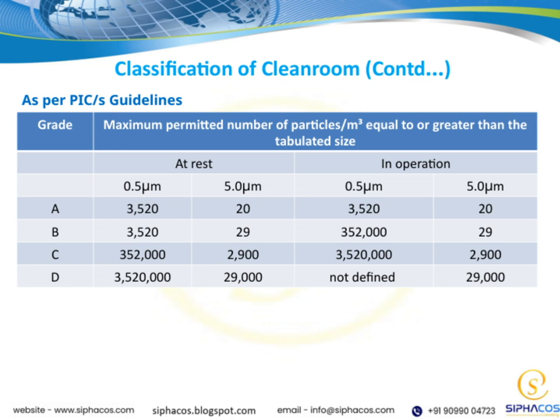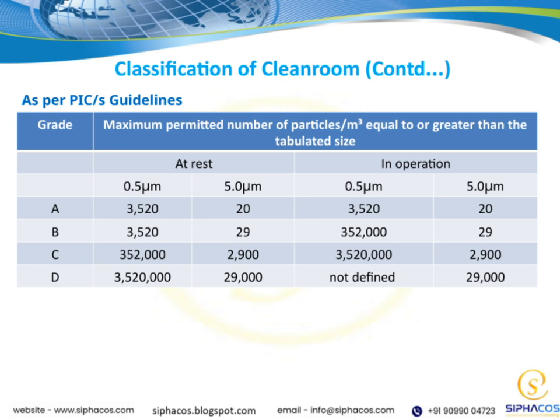Finally, grade D has the highest permissible particle counts. At rest, up to 3.52 million particles of 0.5 micrometers or larger, and 29,000 of 5 micrometers. When in operation, the limit for 0.5 micrometer particles remains at 3.52 million, but for larger particles, the limit is set at 29,000, though some parameters are not defined explicitly.